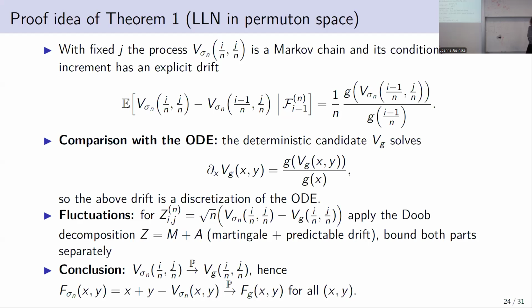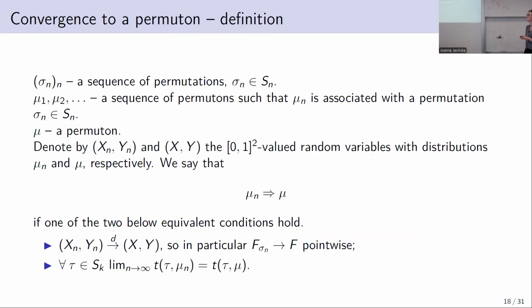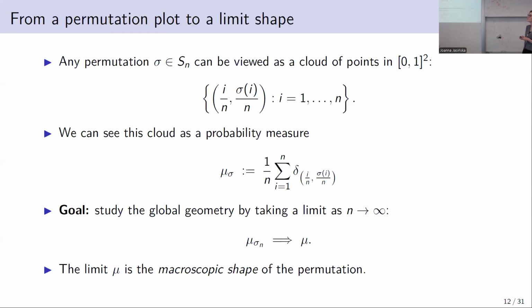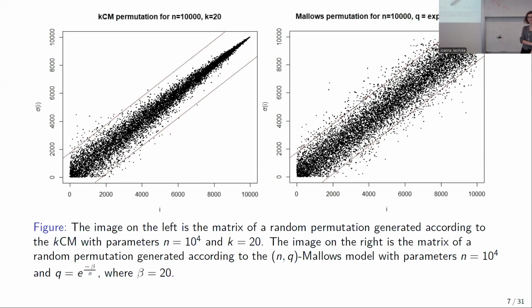Can I quickly go back to the pictures? If I understand it correctly, the Mallows model will prefer permutations that are inside of the tube, but it may happen that there is a permutation that fits precisely into this tube, but it's very unlikely that Mallows generates it. Yes, most of the points are there; with high probability all of the points are inside.